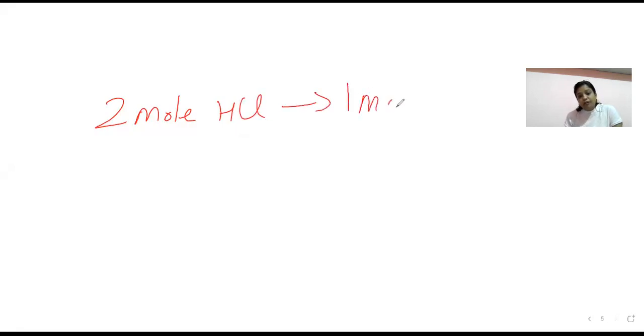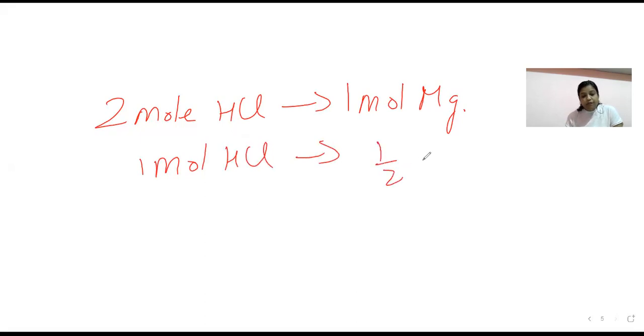Now, according to the equation, 2 moles of HCl need 1 mole of magnesium. So 1 mole of HCl needs half mole of magnesium.